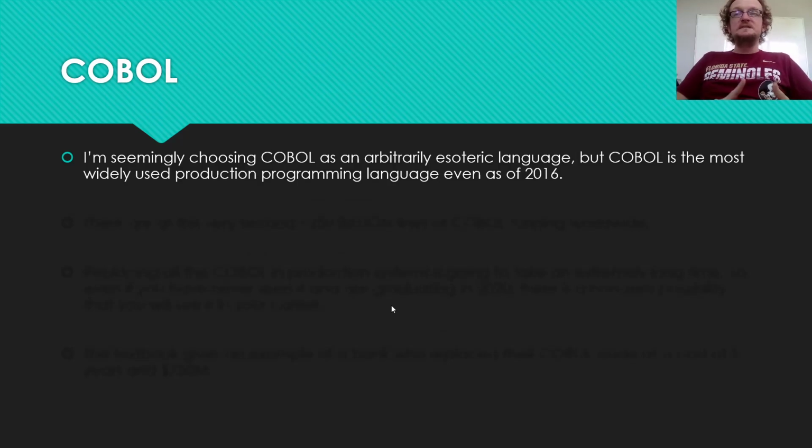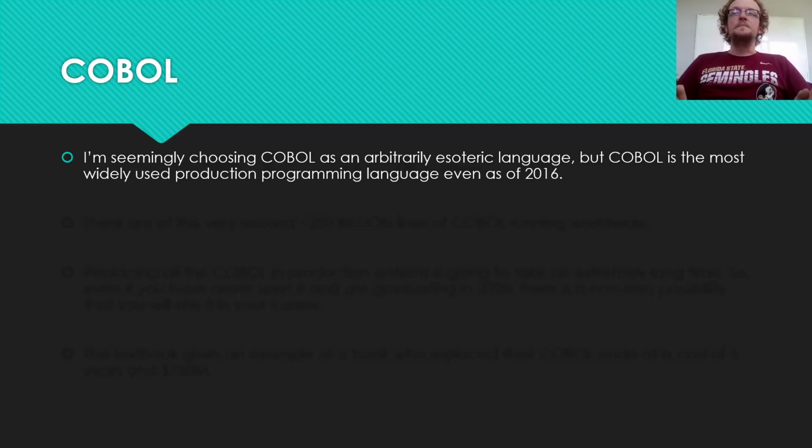So it seems like I've been talking about COBOL, and the book talks about COBOL as this sort of arbitrarily esoteric thing. And if you want, one of my favorite things to do is to go to TIOBE online and look at the different programming languages and their relative impact, or how many lines of active code are running in each of these languages year over year.